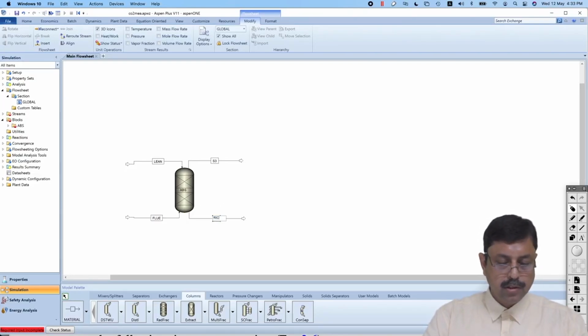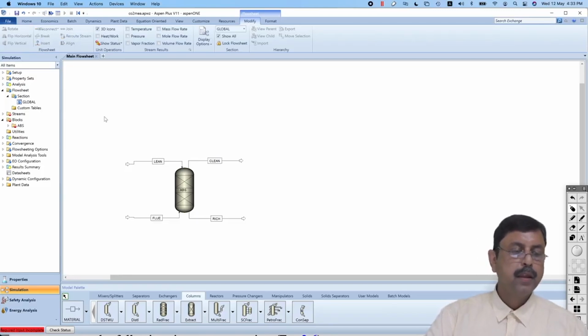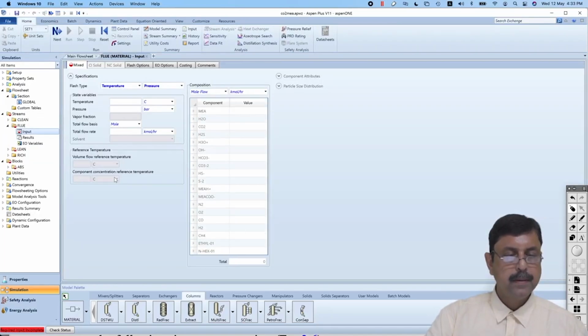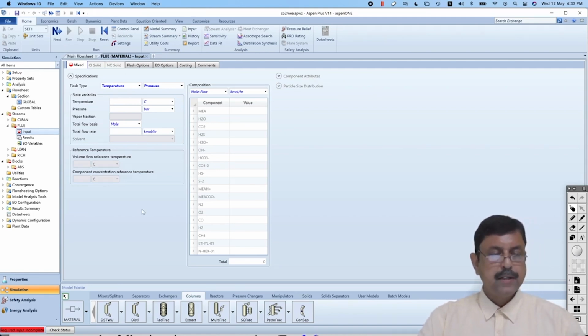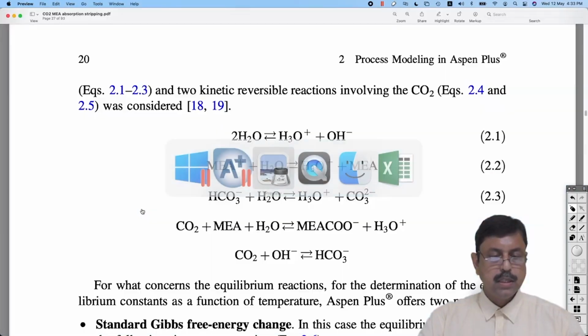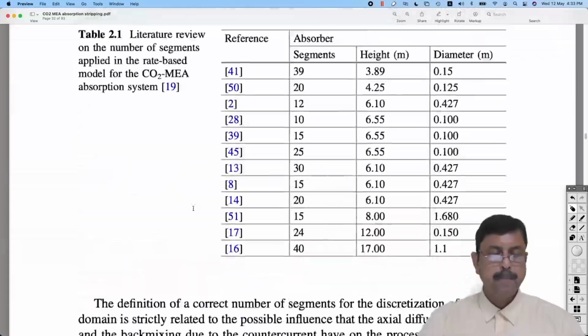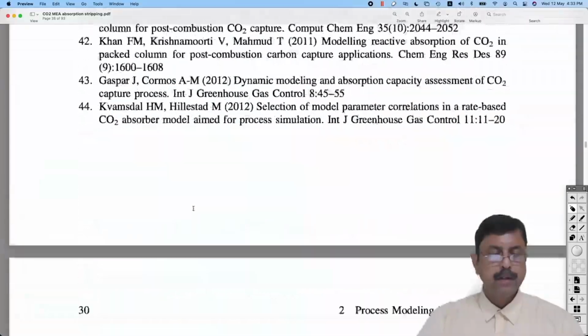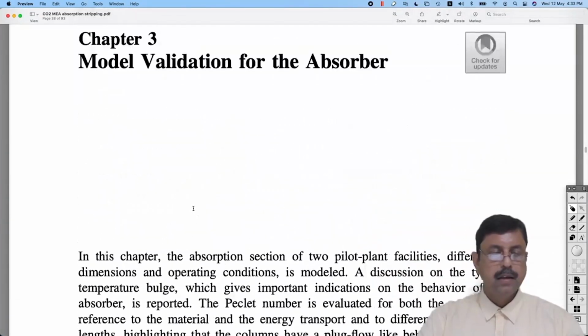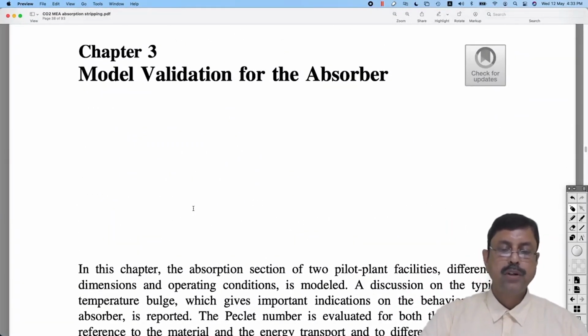This is rich. And this is clean gas. Okay. Now press next. So it is asking for the specification of the flue gas. So for that, let us go to chapter 3. Yeah, model validation for the absorber.